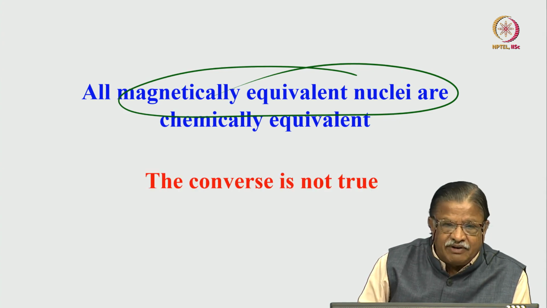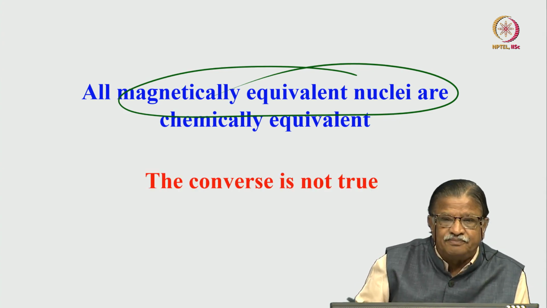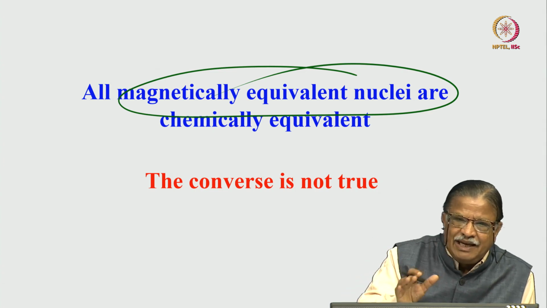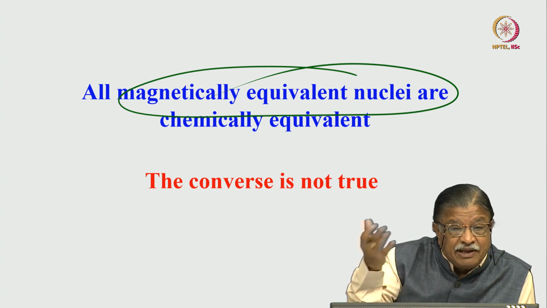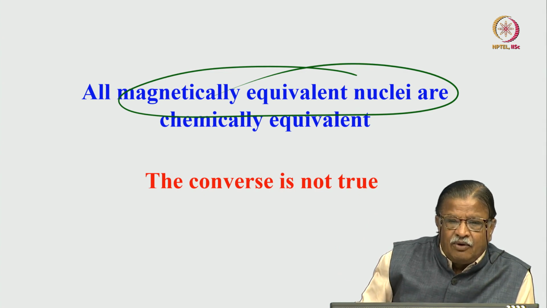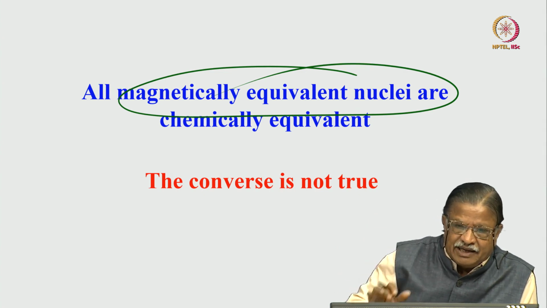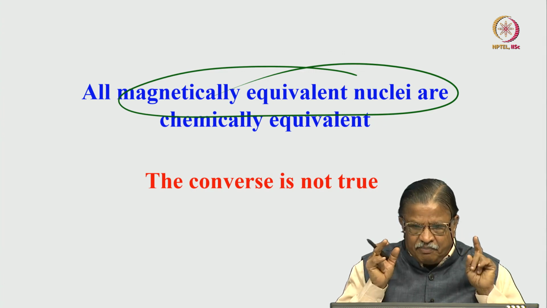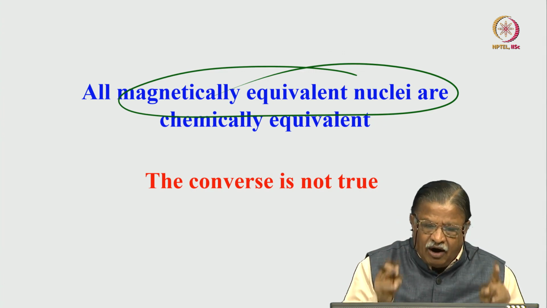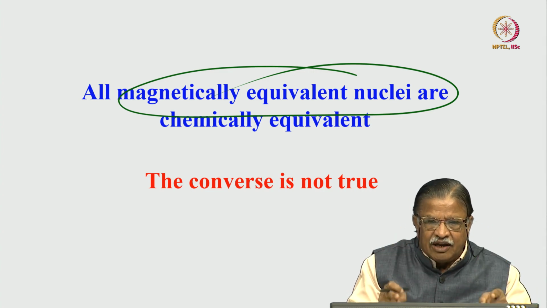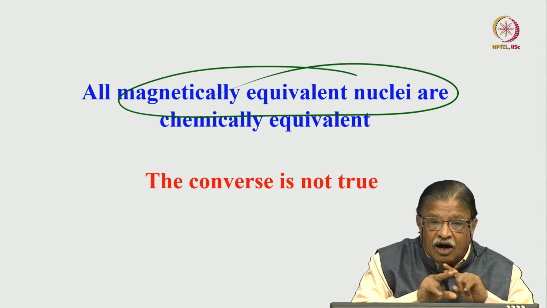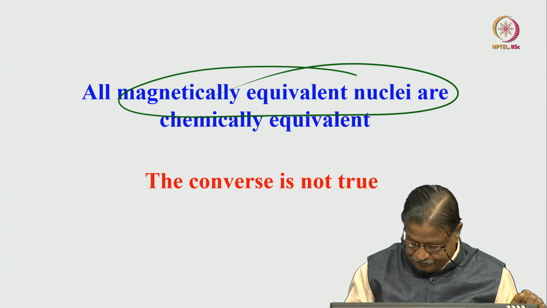But what about the reverse? The converse is not true. All chemically equivalent spins need not be magnetically equivalent because coupling can be different. Only when the couplings are the same are they magnetically equivalent. So this is the important point. Please remember, I stress it again: all magnetically equivalent spins are chemically equivalent, but all chemically equivalent spins are not magnetically equivalent.